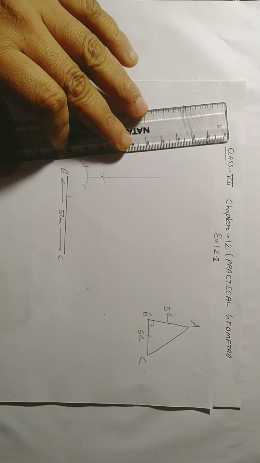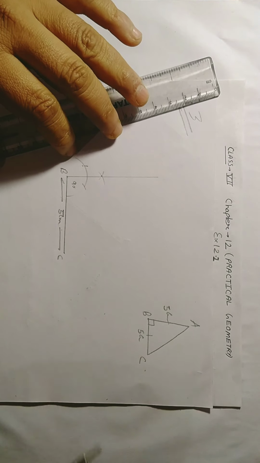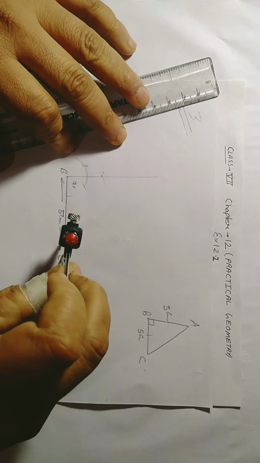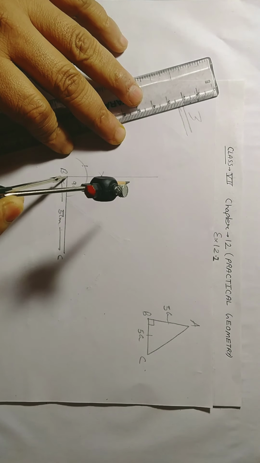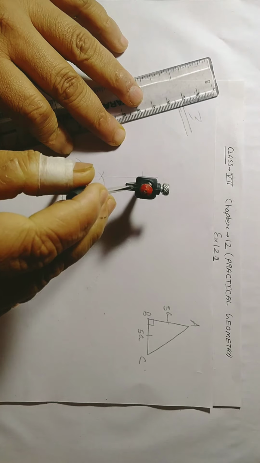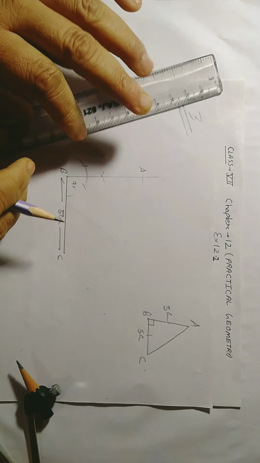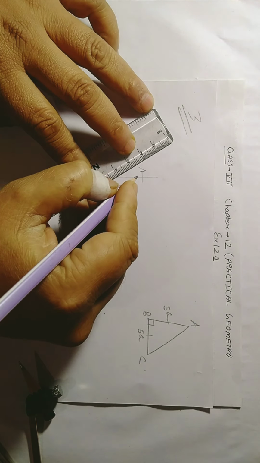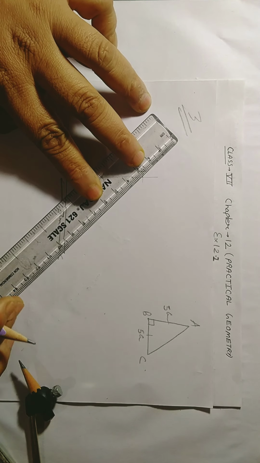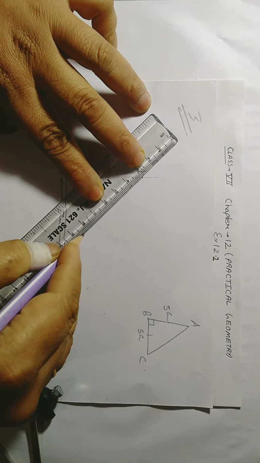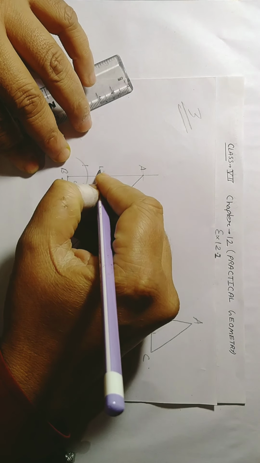So you observe that it is an angle of 90 degree. Now taking distance 5 centimeter in the compass, put the compass at B and draw an arc which cuts the ray of 90 degree at point A. And now finally we join A to C. It is also 5 centimeter.